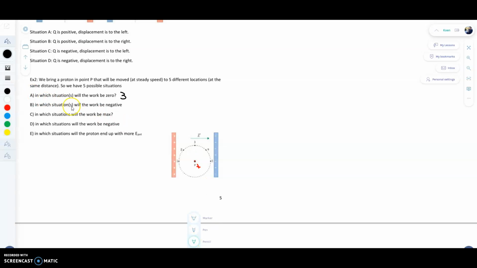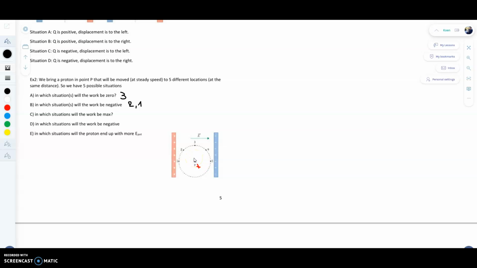Now, in which situations will the work be negative? Well, you can create negative work by displacing this proton to a position where its potential energy will be larger at the end than at the start, meaning it will be situations 2 and 1. In which situations will the work be max in this case?